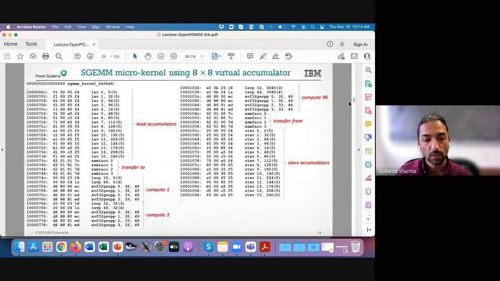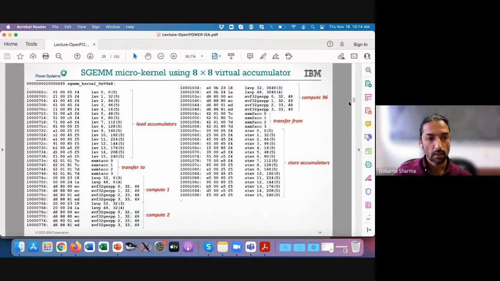You do the compute, and repeat the computation for all the elements, all the rows and columns. Then you transfer that computation from the accumulator to the registers, and then you store that information to wherever you need to store.